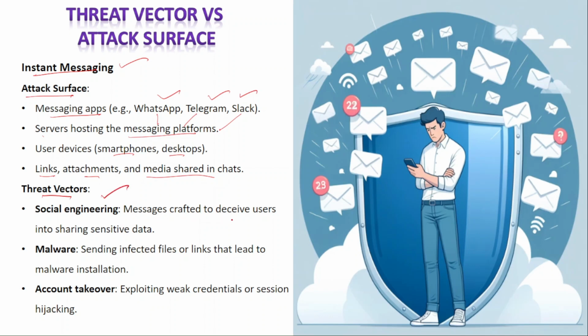The message is crafted to deceive users into sharing sensitive information. Users can be deceived through social engineering techniques. Malware, again, sending infected files or links that lead to malware installation on devices such as smartphones and desktops. And account takeover, exploiting weak credentials or session hijacking.